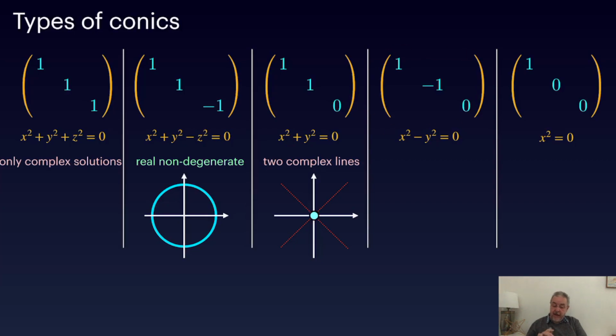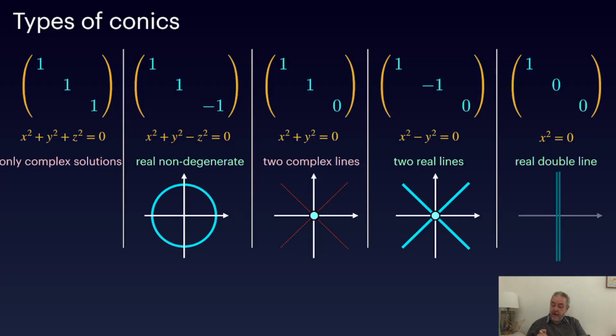So here again, you are in a real situation. You have 2 real lines that intersect at a point, and the 2 real lines are x equals plus y and x equals minus y. You can simply check that this is the case. And now it may happen that these 2 lines even coincide, and then you get what people call a double line.